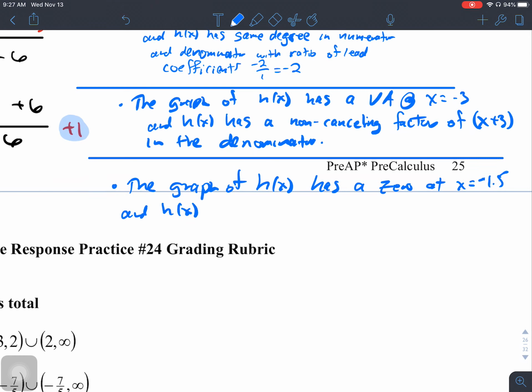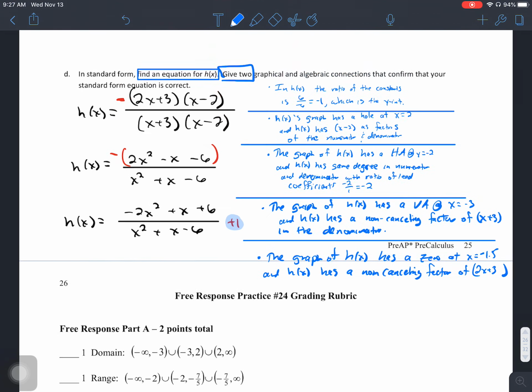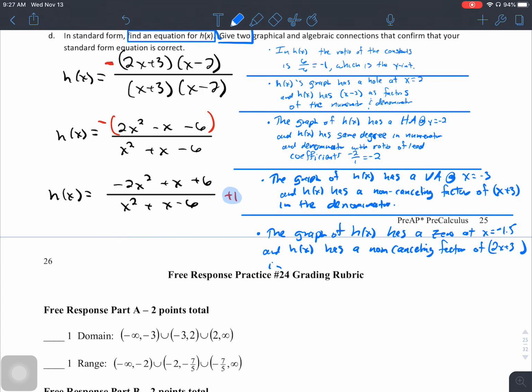And h of x has a non-canceling factor of 3x plus 2. No, 2x plus 3. In the numerator.